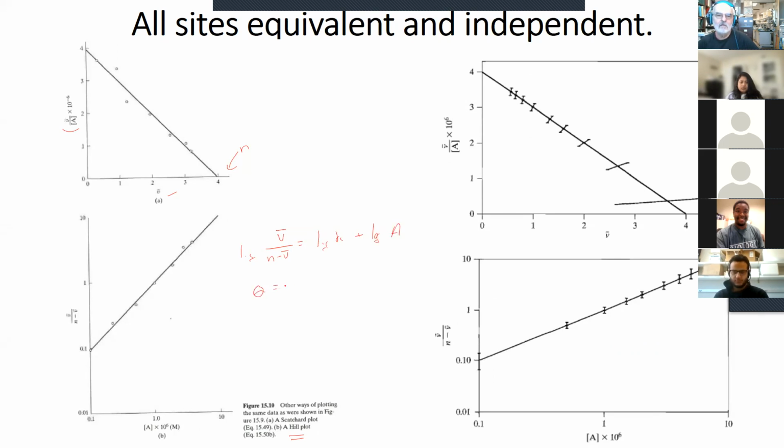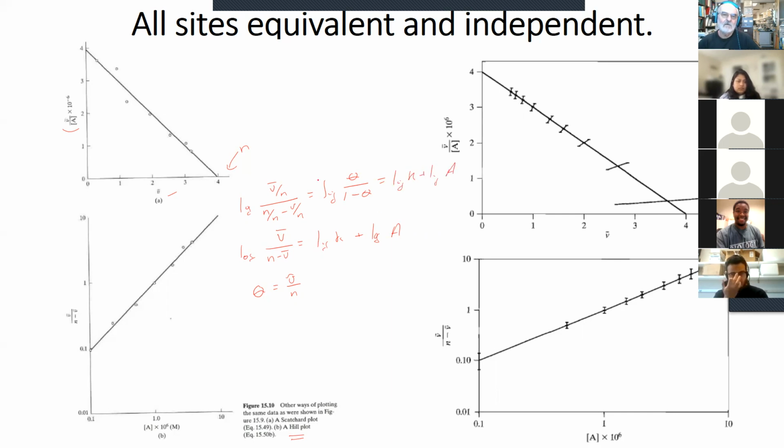Remember, theta is nu over N. So if I multiplied and divided by N here, then I would get the log of nu over N divided by N over N minus nu over N. And that would end up being the log of theta over 1 minus theta, fractional saturation. And that will be the log of K plus the log of A.